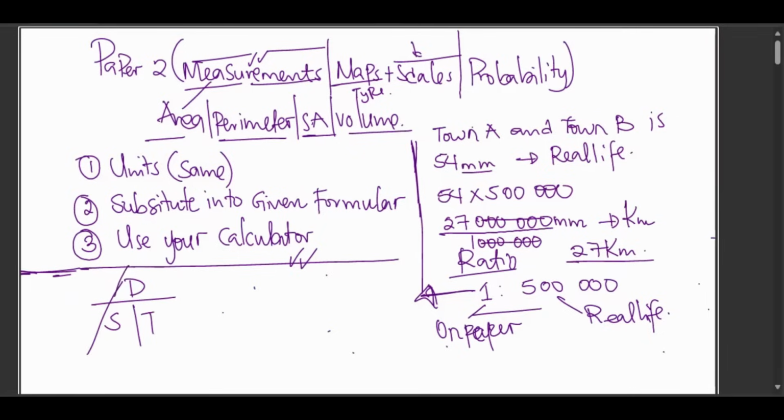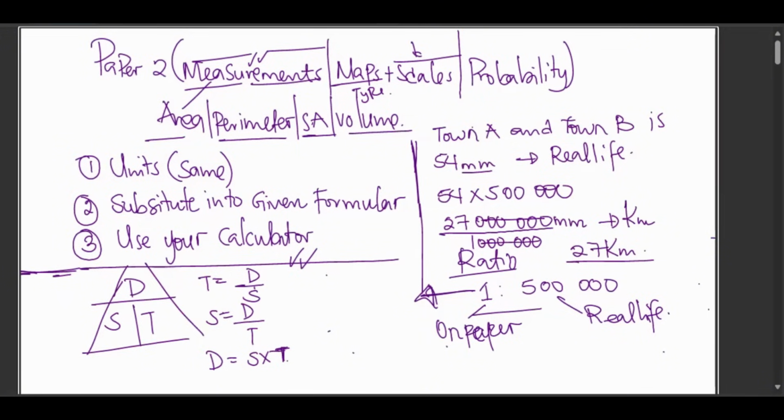So should you happen to forget anything, you have to remember this. If they ask for time, it's distance over speed. If they ask for speed, it's distance over time. And if they ask for distance, it will be speed times time. By the way, they cannot ask for two missing values. They ask for one. That means the other two will be given.